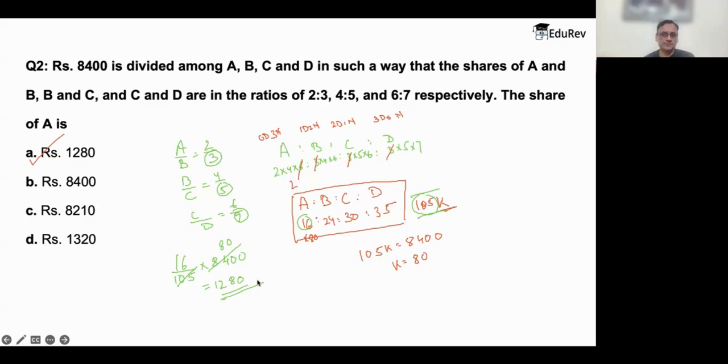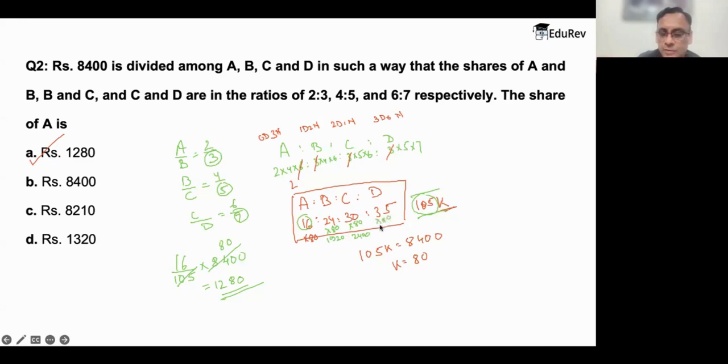Okay. Obviously, you can find the value for each one of them. For B, it will be into 80, which is how much? 800 plus 800, which is 1600, 1600 plus 320, so 1920. It will be into 80. This is straight away 2400 and into 80.